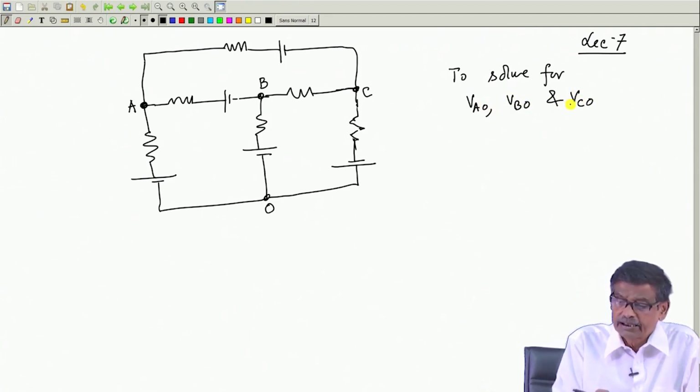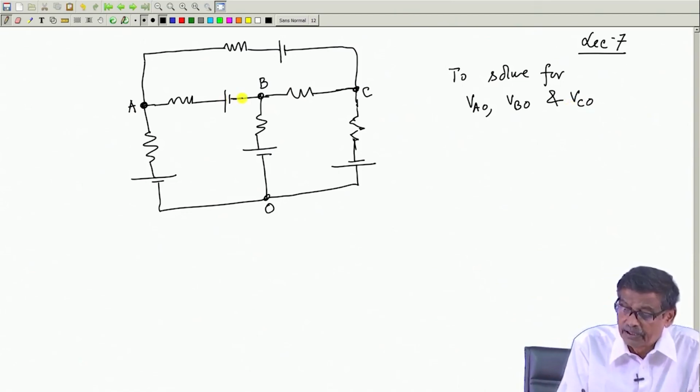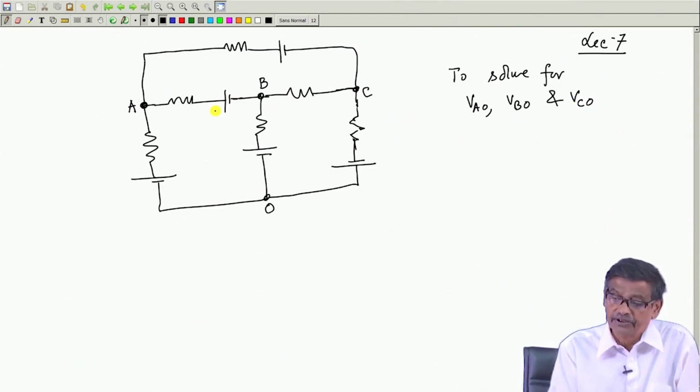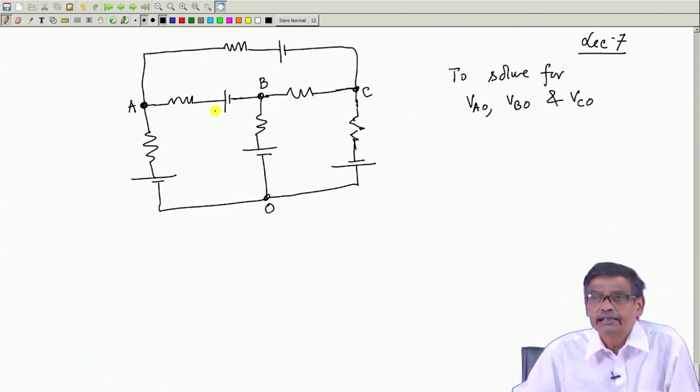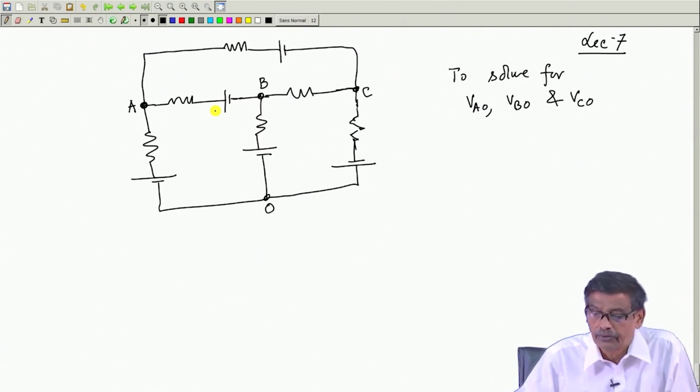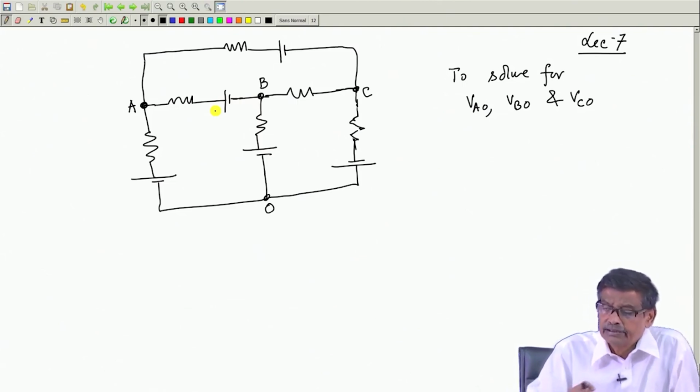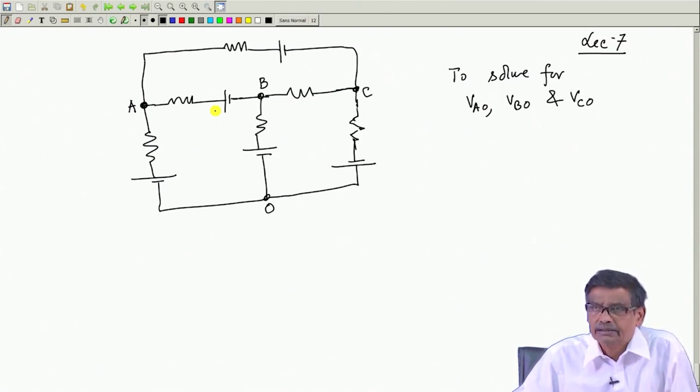We are not targeting to calculate the currents in the branches straight away. We first calculate the node voltages, and as I told you, if these voltages are known, calculating the currents in any of the branches is just taking the difference and dividing by the resistance.